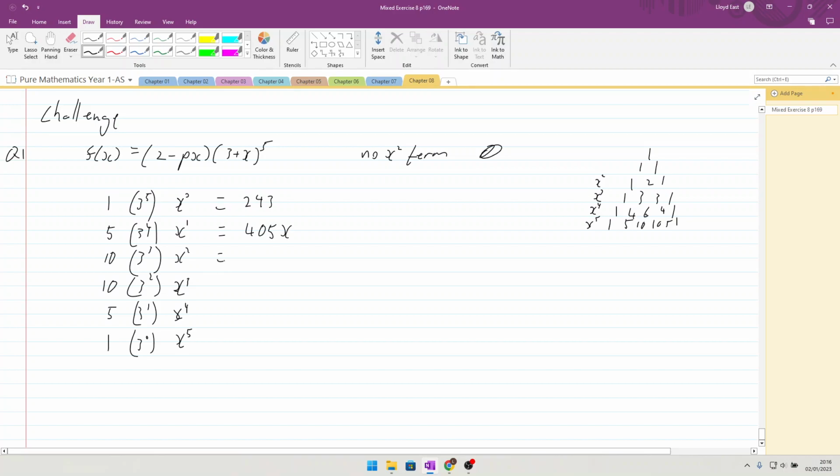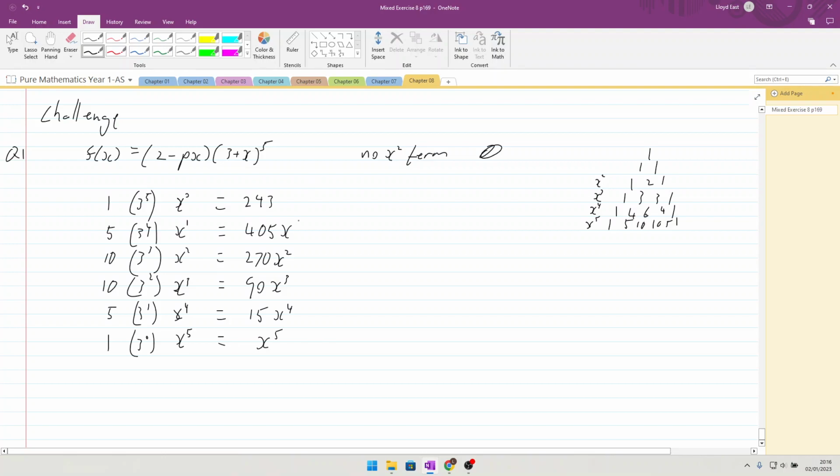And then 3 to the power 3 is 27 times 10 is 270 x squared, and then 90 x cubed, and then 15 x to the 4, and finally x to the 5.